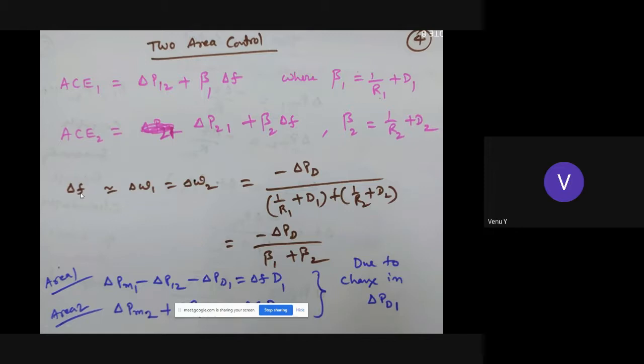Now delta F is the change in frequency, or delta omega 1 or delta omega 2, the change in speed of generators 1 and 2. It is expressed in terms of delta PD over the sum of the area control errors ACE1 plus ACE2, or precisely, minus delta PD over beta 1 plus beta 2.